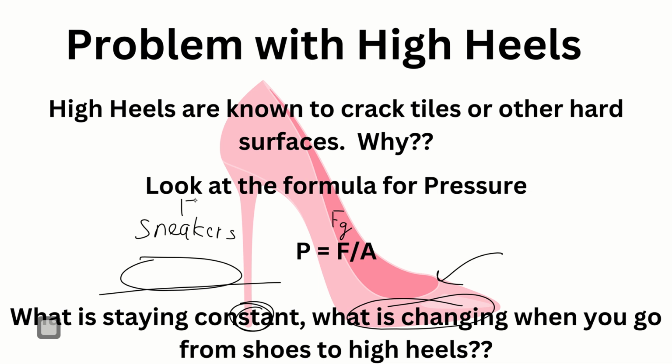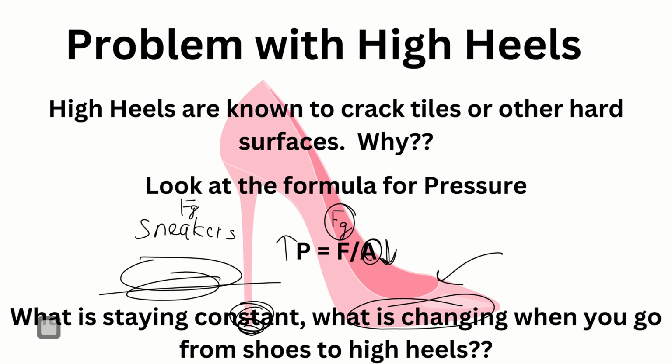The weight that you're applying with your sneaker and the weight that you're applying with your high heel are the same. But what am I manipulating? It's the area. The area, especially at the heel, is much, much smaller than it is for a sneaker. So if I have the same amount of gravitational force, but I decrease my area, I increase my pressure.